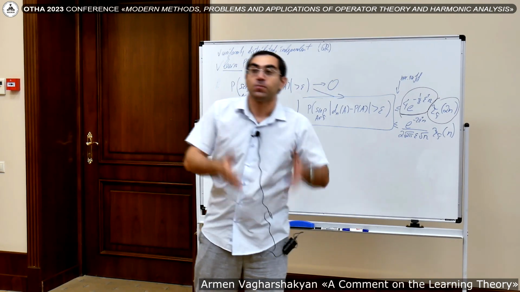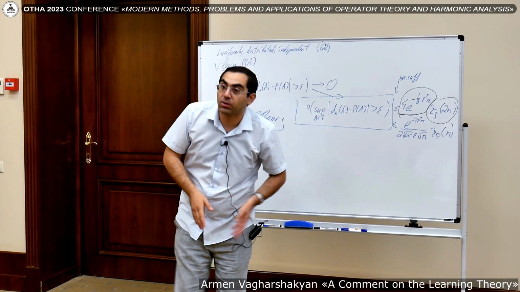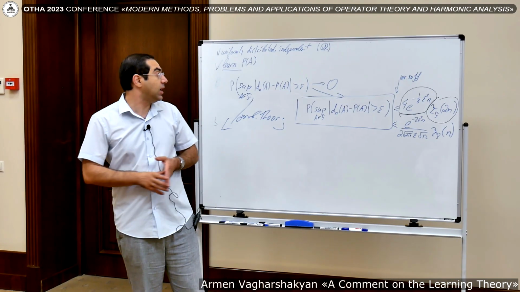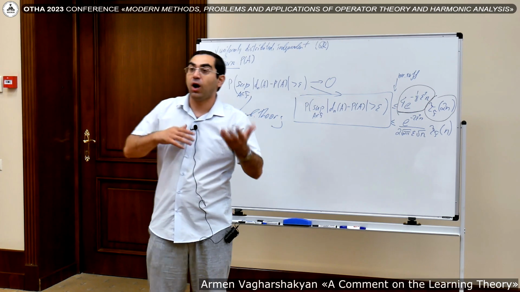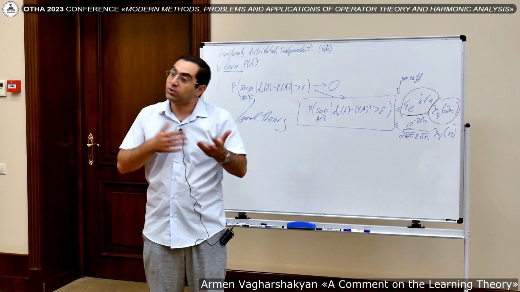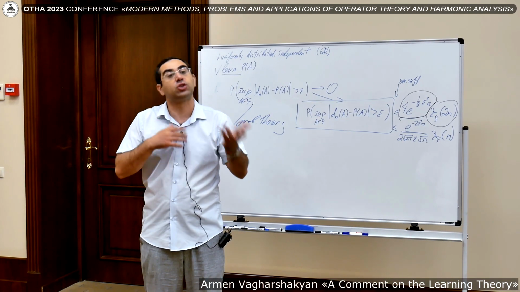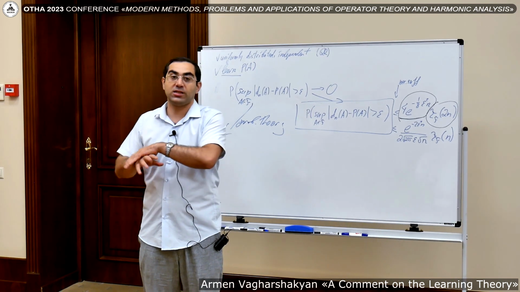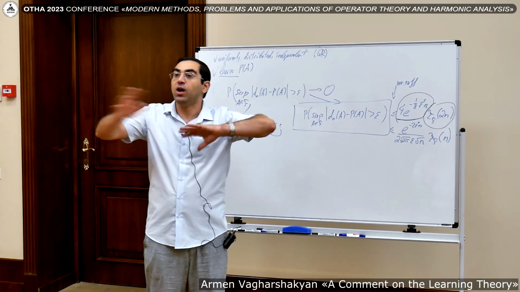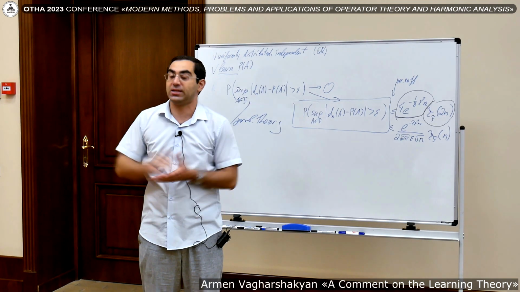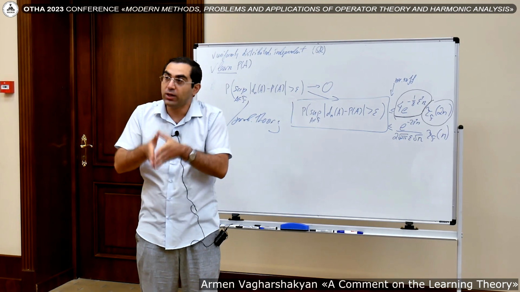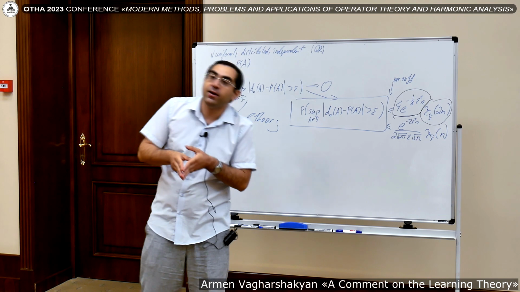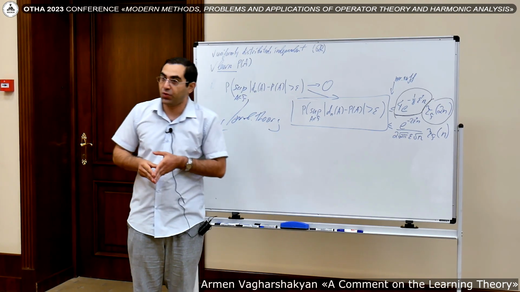So in a way, entropy, covering numbers, Rademacher complexity, and this growth function are all somehow interrelated, but not in trivial ways. It's not that one estimate implies the other. There are all kinds of non-trivial estimates that happen when you dig deeper in that theory.